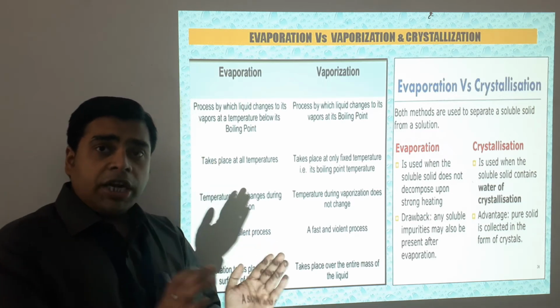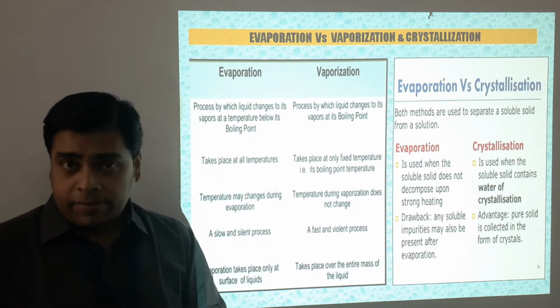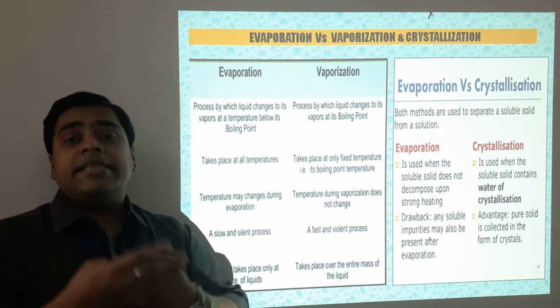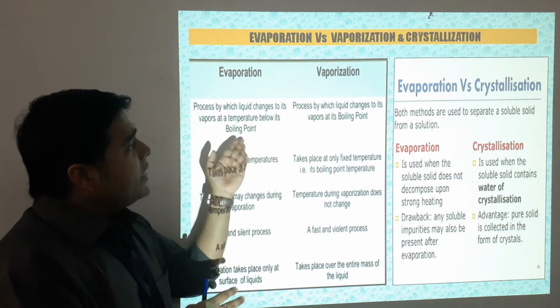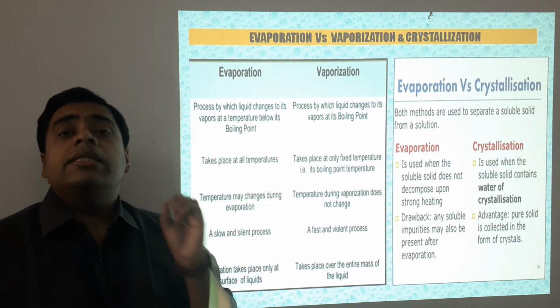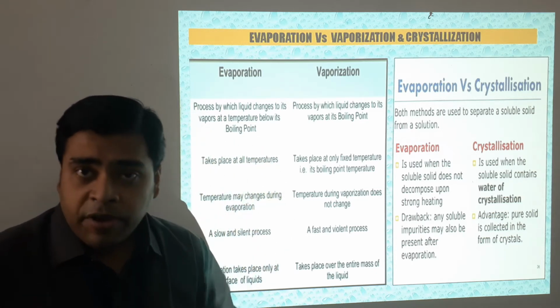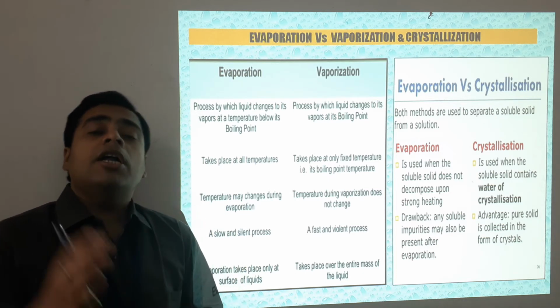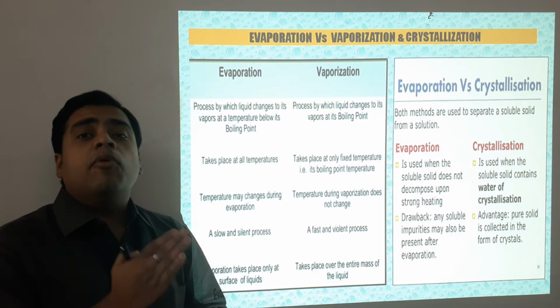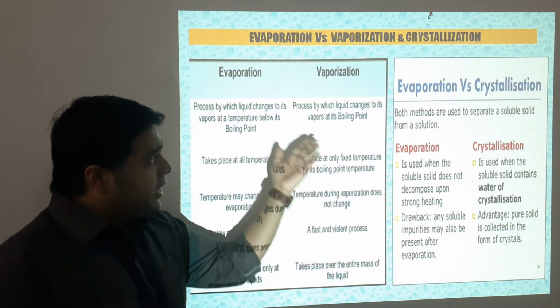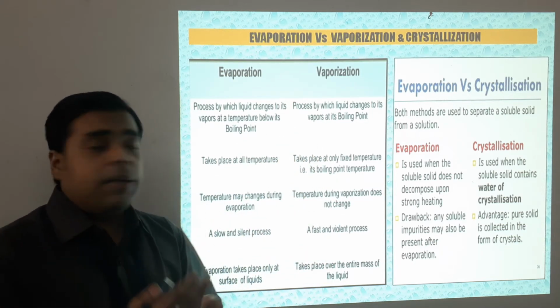So evaporation and vaporization are not the same. Commonly we mistake the two terms, but there is a difference: in evaporation the liquid changes to vapor at a temperature below the boiling point, whereas vaporization occurs at the boiling point.